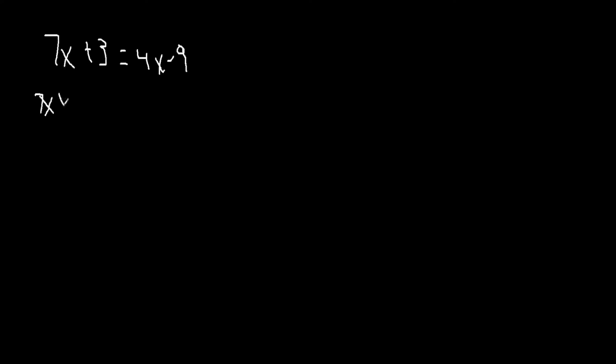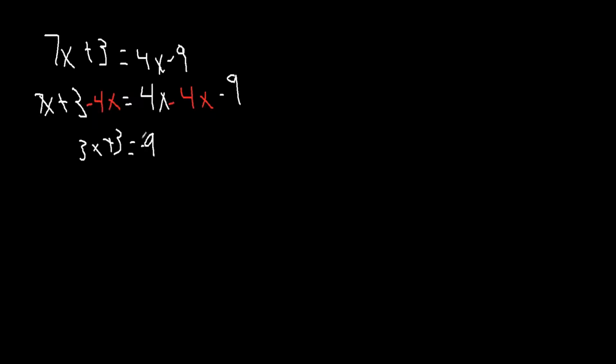So that's 7x plus 3, and we can subtract our 4x, so that's minus 4x equals 4x minus 4x minus 9. The 4x's will cancel out, obviously, and 7x minus 4x is 3x plus 3 equals negative 9.